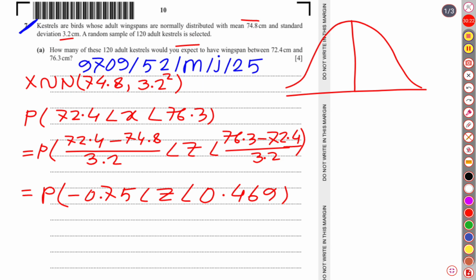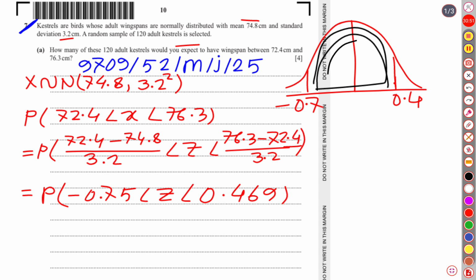So our first z-score is negative, so it will be lying on the left side, negative 0.75. And on the positive side, it is 0.469. So which part is our probability? Actually, this dark part is our probability. This portion is our probability to be obtained.